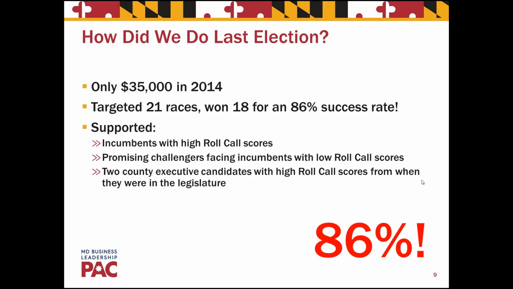The way we did that was we got very granular and very strategic in how we allocated those funds. We looked first and foremost at the incumbent state legislators who have high roll call scores. Again, this is the report card that MBRG does every year based on actual votes taken.